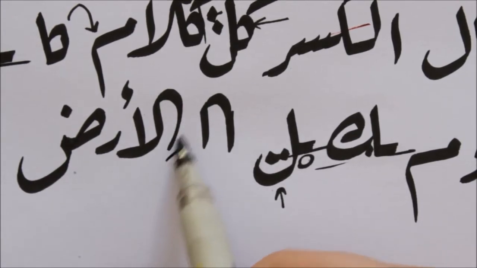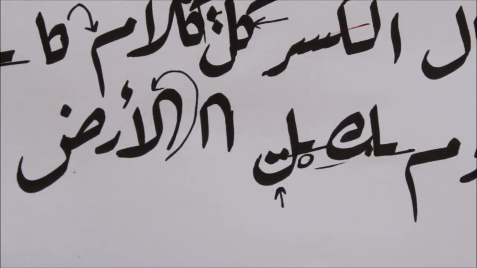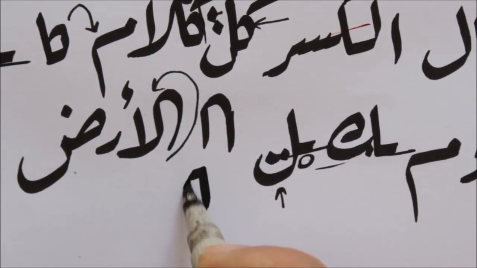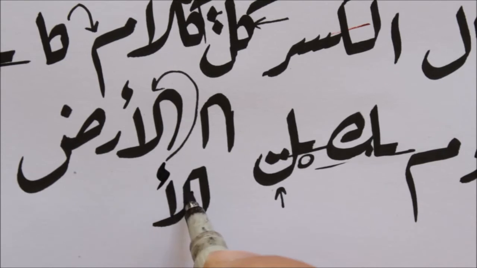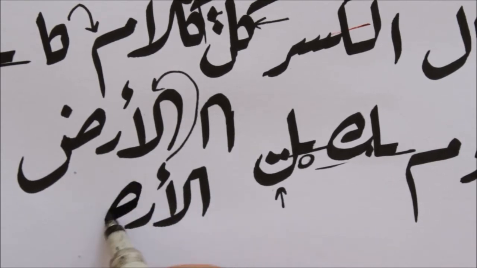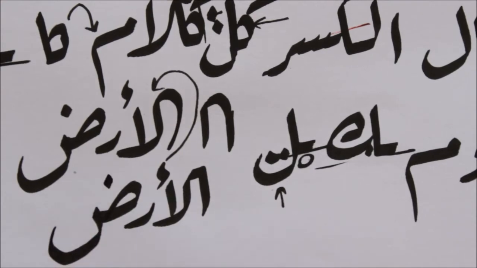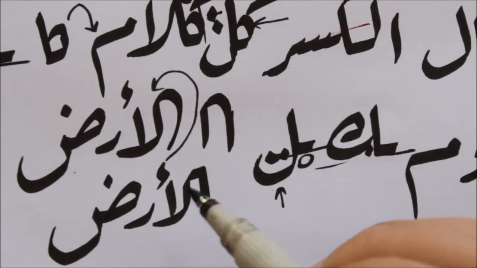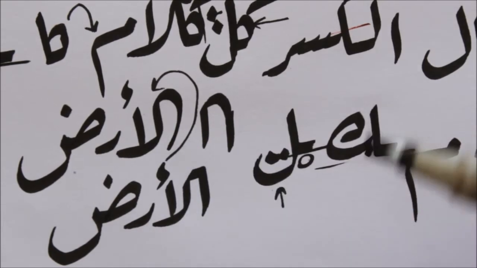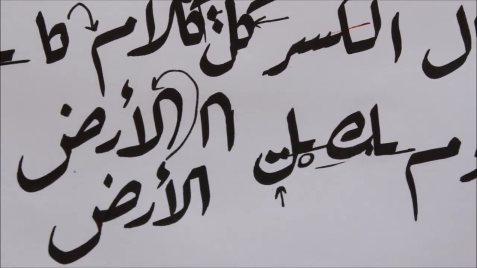They do connect alif to a lam sometimes. So don't worry about it. Or it comes really sharp in some cases, like this one. So don't worry about seeing alif connected to a lam, though it doesn't connect. The same thing is for ra and dal, but we will talk about this in other scripts.